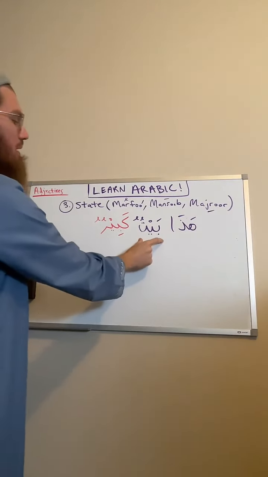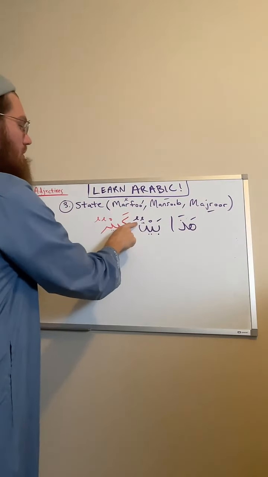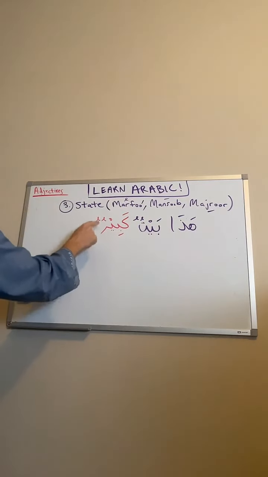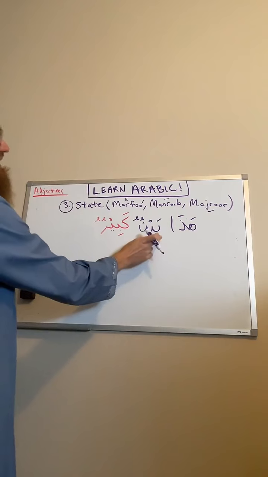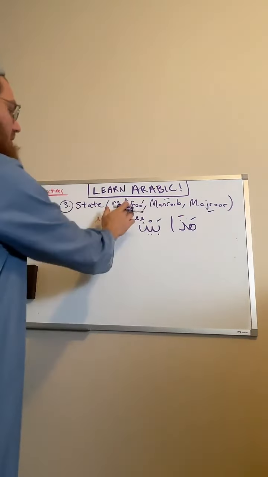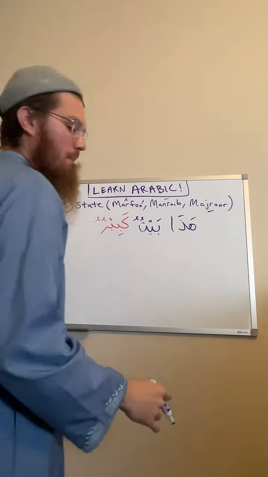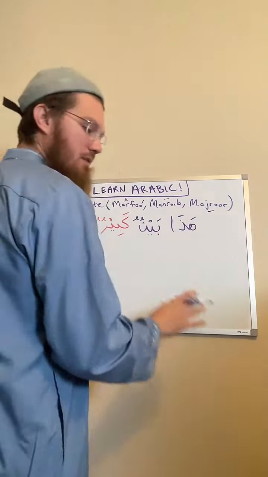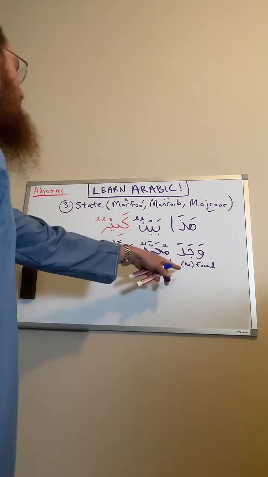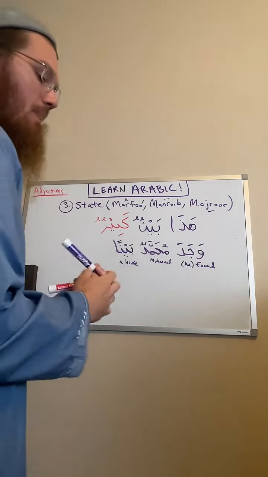So baytun is what's being described, and it is ending with dhamma, which means it's in a state of marfu'. So kabir also has to end with dhamma. We mentioned that the ism by default is going to end with dhamma in a state of marfu', so there's nothing making it take something else. In this next example, the ism is going to take something else. وَجَدَ مُحَمَّدٌ بَيْتًا. Muhammad found a house. But we want to say a big house.